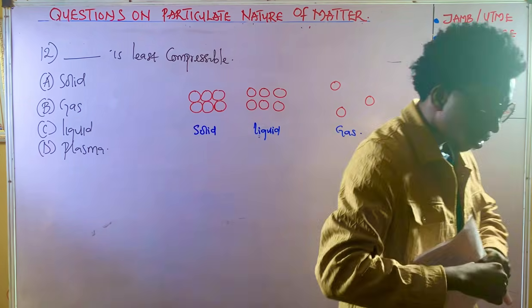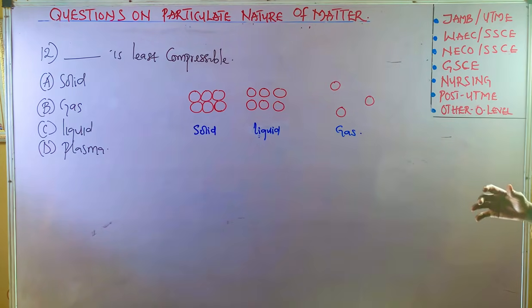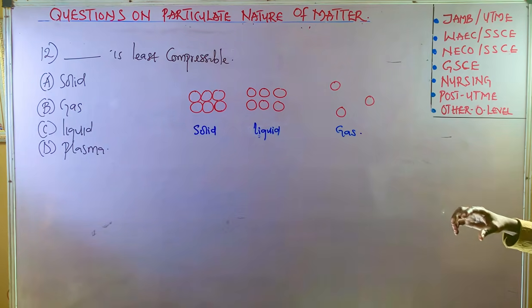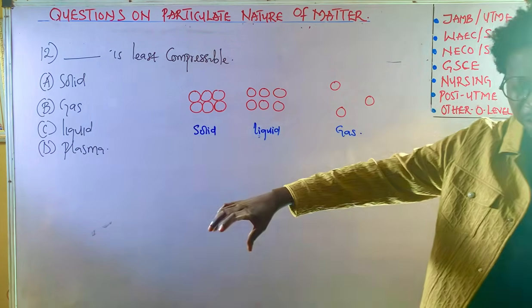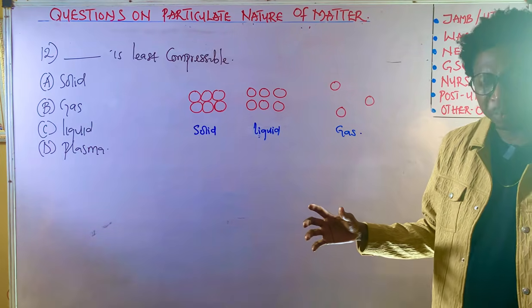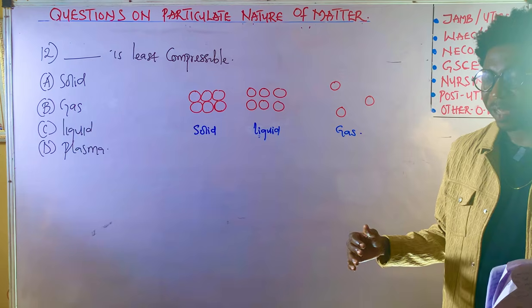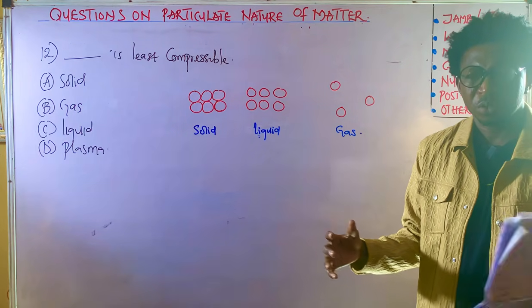Now, if you arrange yourself in your school on a seat that there's no space between all of you, all the students in a seat, in a long bench, arrange students in the long bench, and there's no space between them, and someone is asking you to shift. Now, I cannot compress all of you because there's no space between the students again.